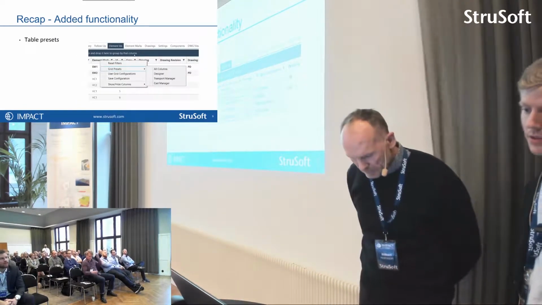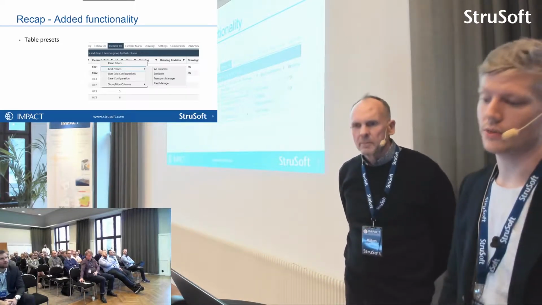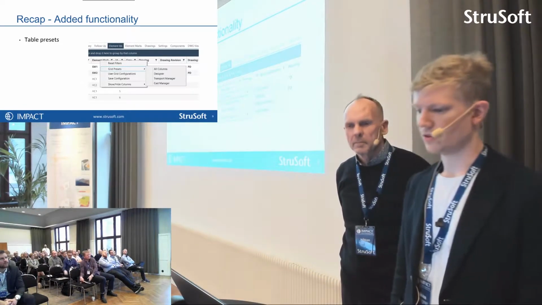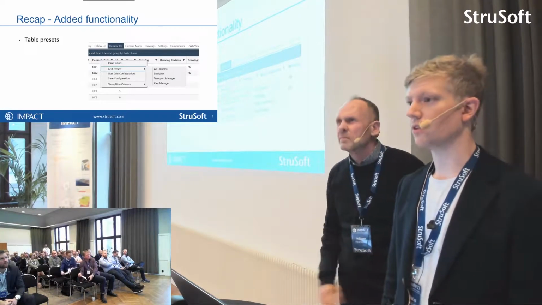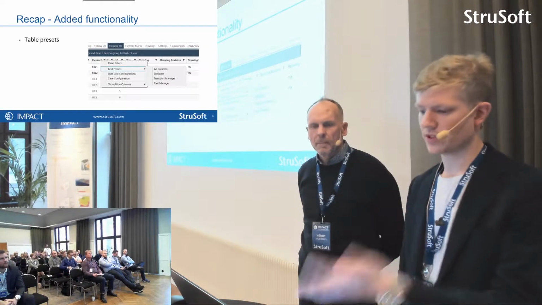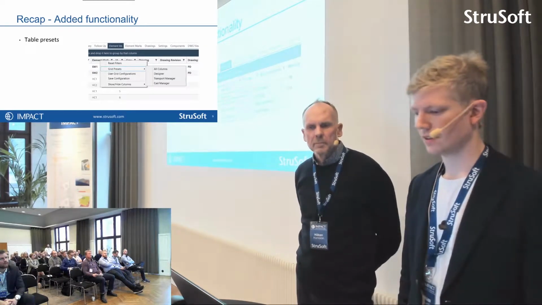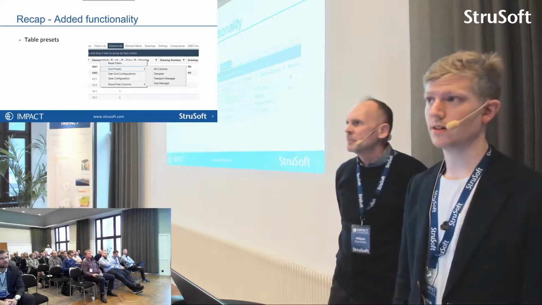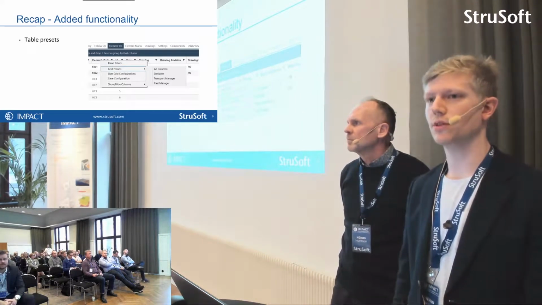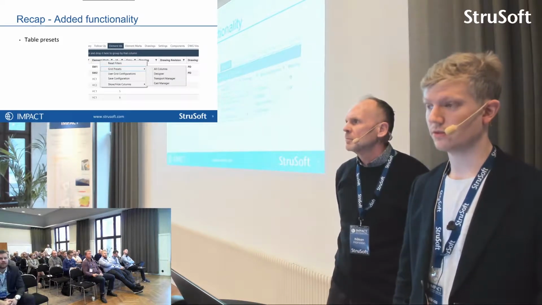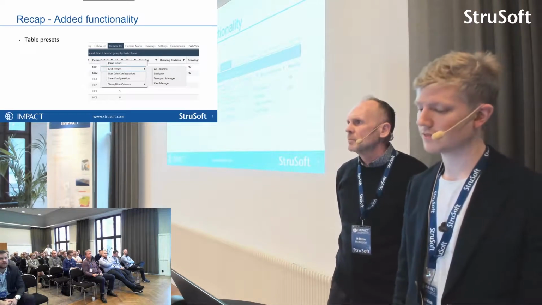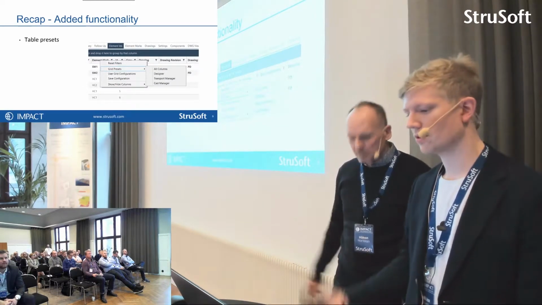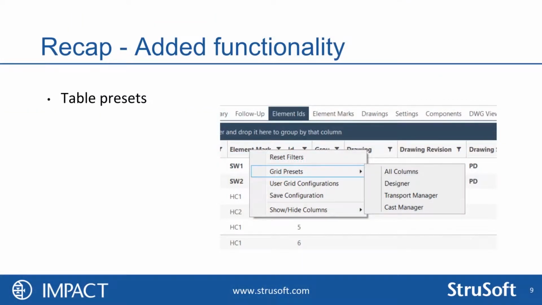We have grid presets for the element ID grid. You access them by right-clicking on the column header, and then you'll be presented with this context menu. The purpose of having these presets is so that you can configure the grid to look as you want it to look. And we at StruSoft have made three presets.